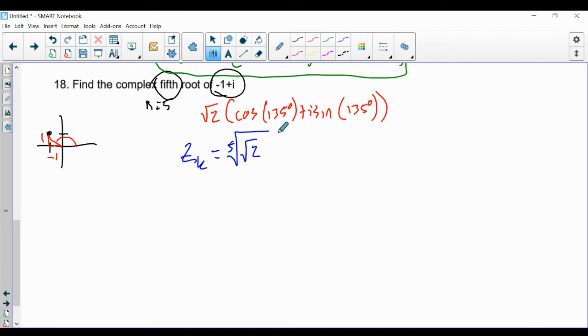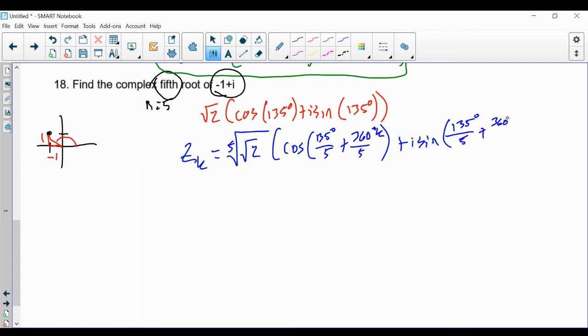So we'll simplify that shortly, and then it's cosine of 135 divided by 5 plus 360k divided by 5 plus i sine of the same exact thing. Okay, so all right. So now it's a matter of simplifying.